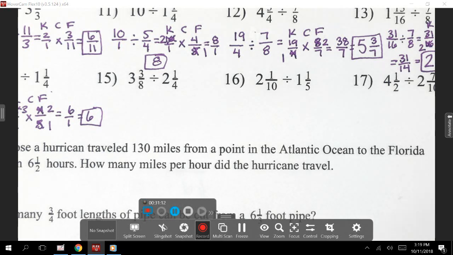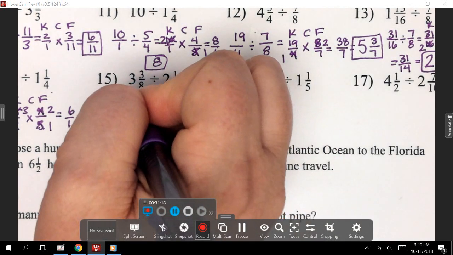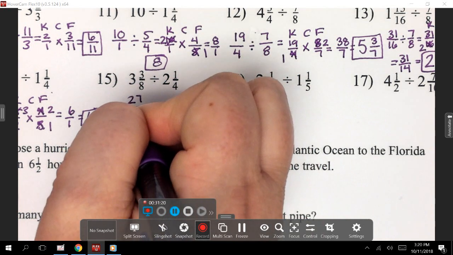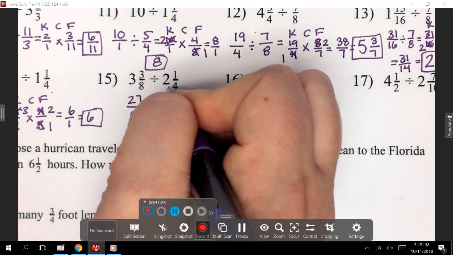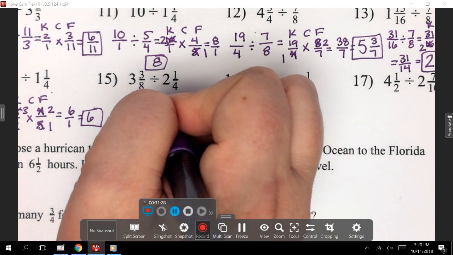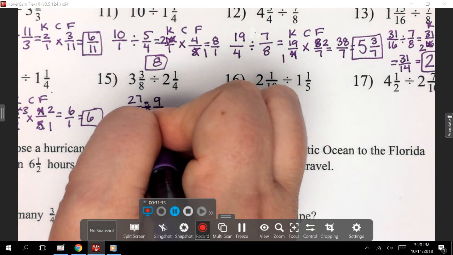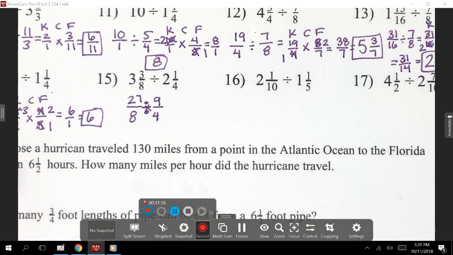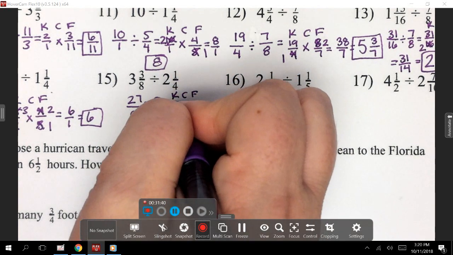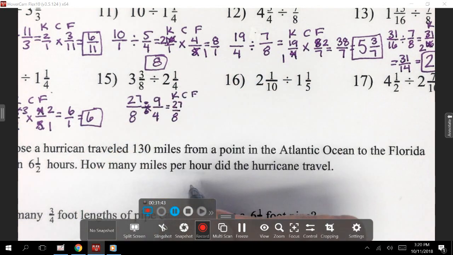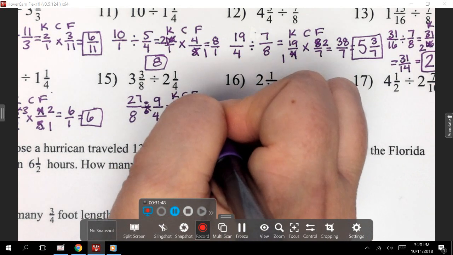To make them improper fractions, we're going to do 8 times 3, which is 24, plus 3 is 27 over 8, divided by 2 times 4 is 8, plus 1 is 9 over 4, and that should be dividing, because we're still dividing here. All right, now we're ready to keep, change, flip. So I'm going to keep 27 over 8. I'm going to change it to division, and then I'm going to flip that and make it 4 over 9.